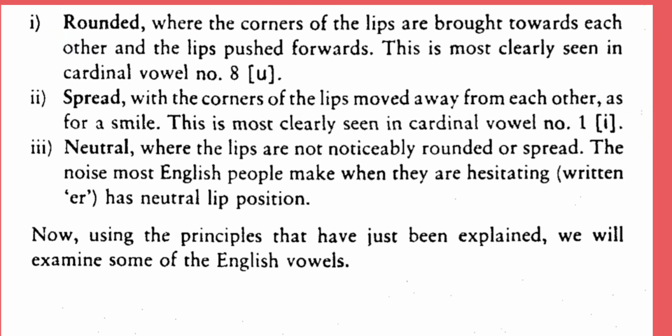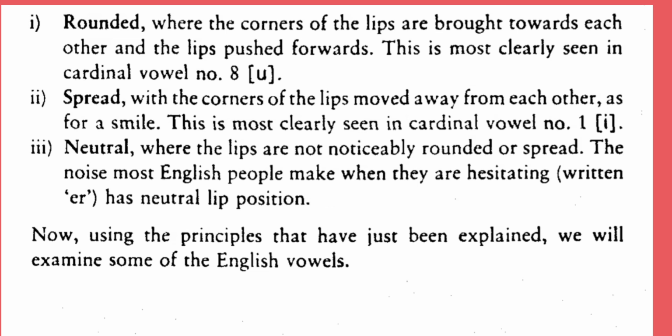Rounded, where the corners of the lips are brought toward each other and the lips pushed forward. This is most clearly seen in cardinal vowel number 8 U. Spread, when the corners of the lips move away from each other as for a smile.